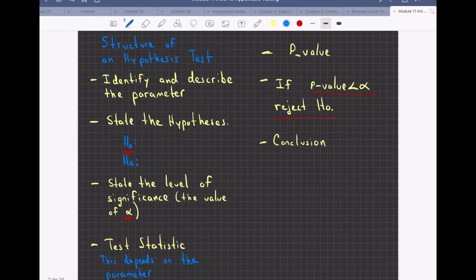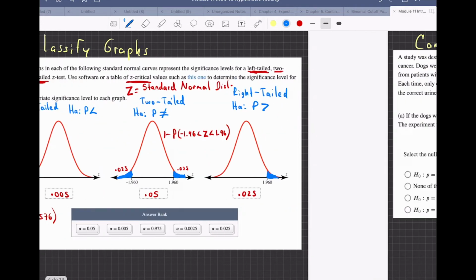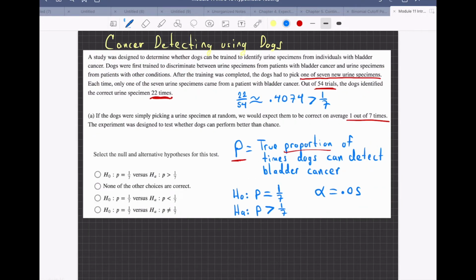I'm following these steps: identify, state hypothesis, state level of significance. Next, test statistic. The test statistic, in this case, for proportions. The way to compute the test statistic is going to change depending on the parameter.